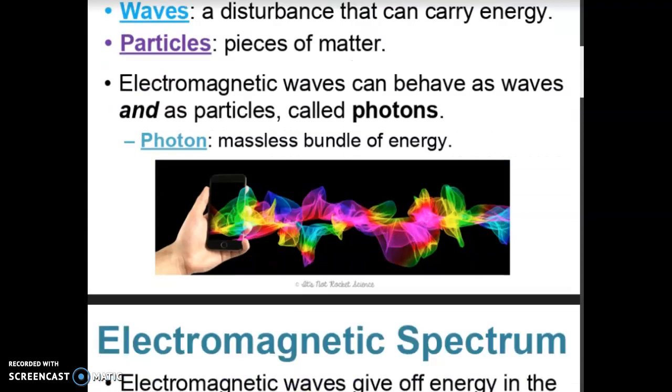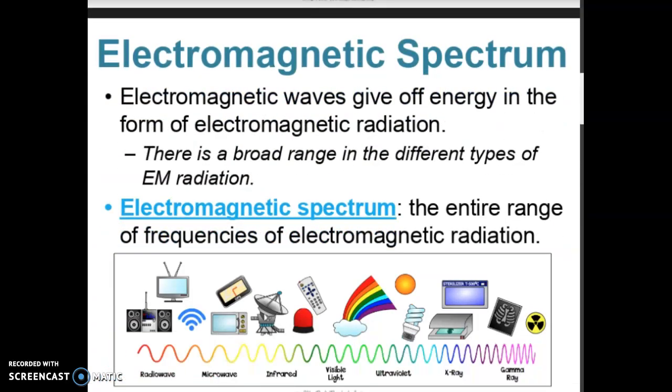All right, so here is what the actual electromagnetic spectrum looks like. A spectrum is a range of something. So when we talk about the electromagnetic spectrum, we need to talk about all the way from radio waves to gamma rays.